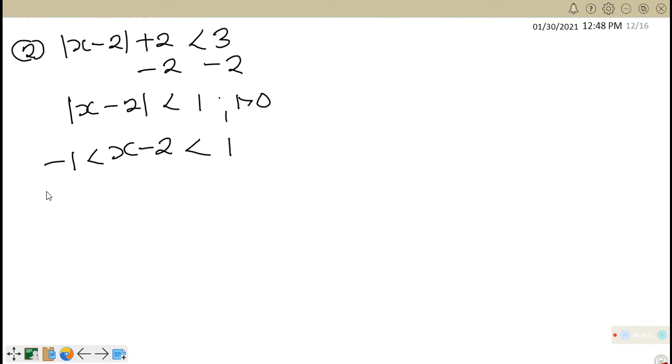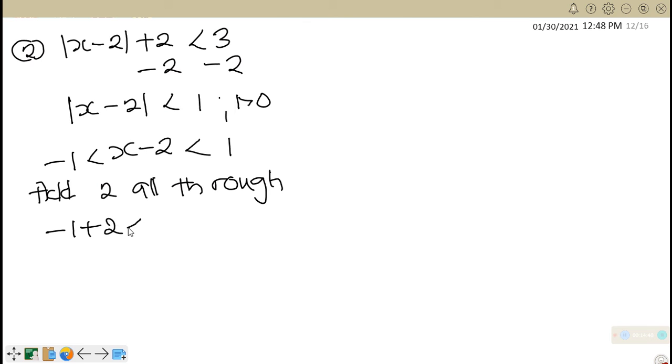We solve it as a compound inequality, adding 2 all through. That will give us minus 1 plus 2 less than x minus 2 plus 2 less than 1 plus 2, and this is 1 less than x less than 3.